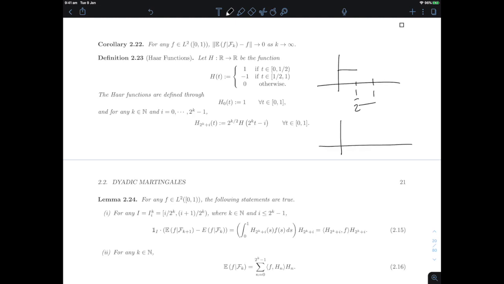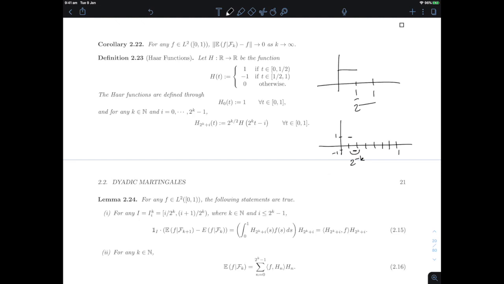So what we're getting is that a typical Haar function will look like this. You have a certain decomposition at a level k, so this is of length 2 to the minus k, and then in such an interval, if you zoom in, you will see the Haar function being equal to 1 on the left hand side of the interval and minus 1 on the right hand side of the interval.